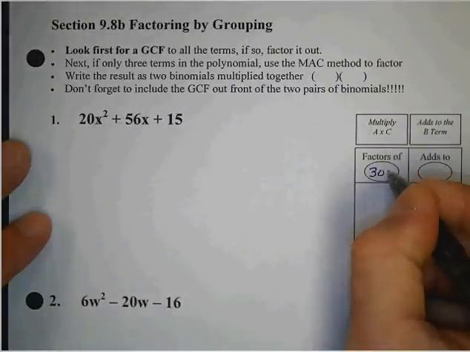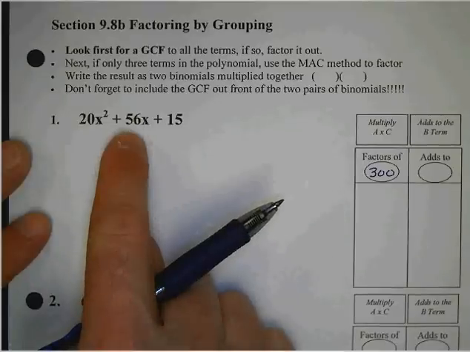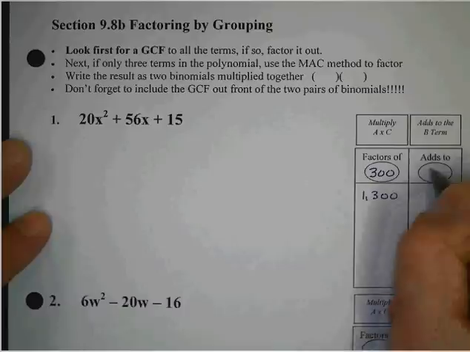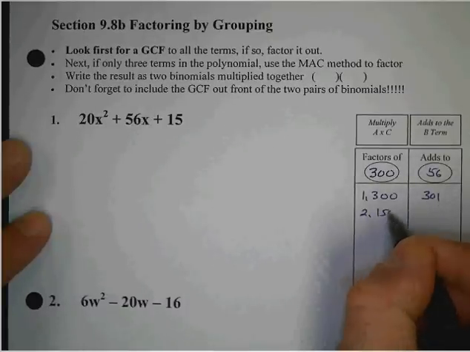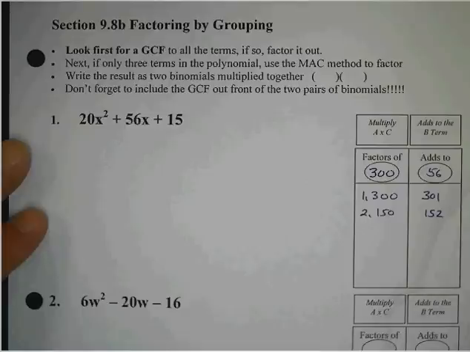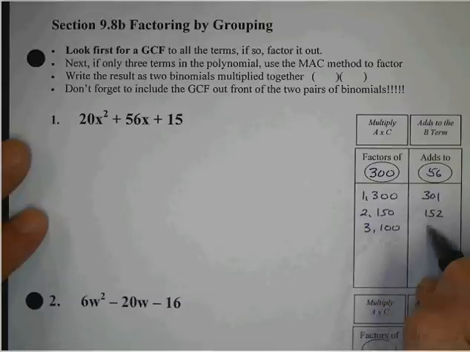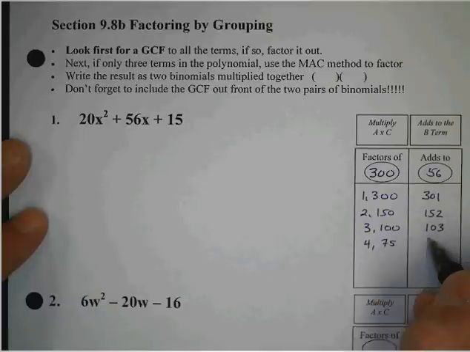So we're going to say factors of 300 that add to 56. Shouldn't be too hard. 1 and 300 obviously adds to 301. 2 and 150 adds to 152. Already you can see your number is getting smaller and smaller. 3 and 100, that's 103. 4 and 75, that's 79.